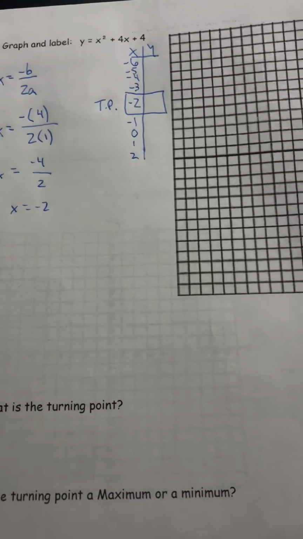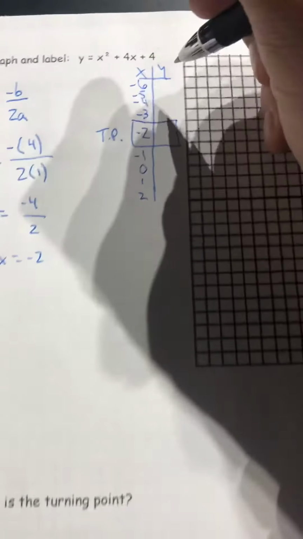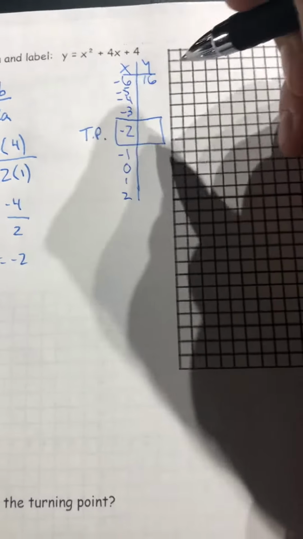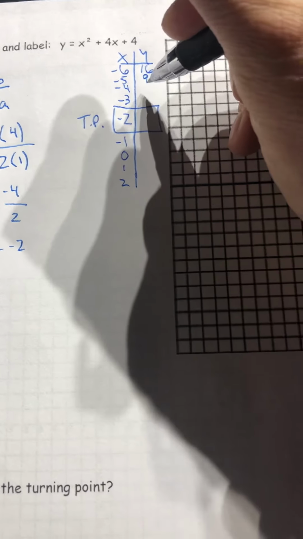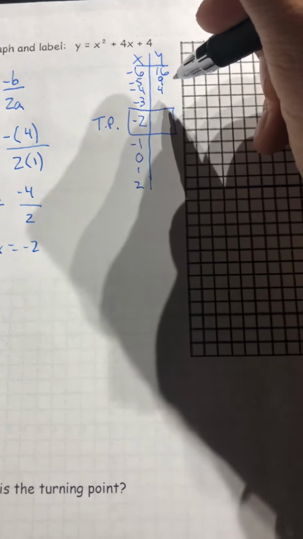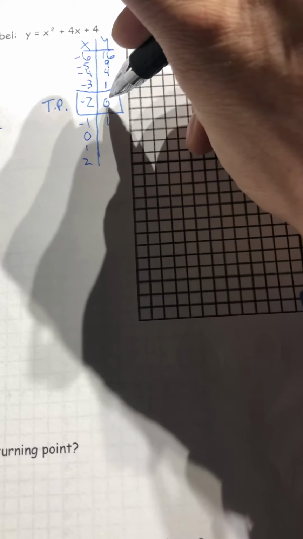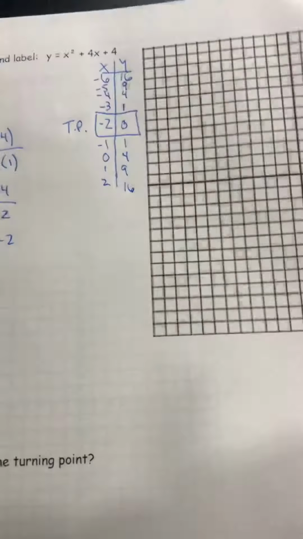So I'm going to go to my paper, and we should have 16, 9, 4, 1, 0, 1, 4, 9, and 16.